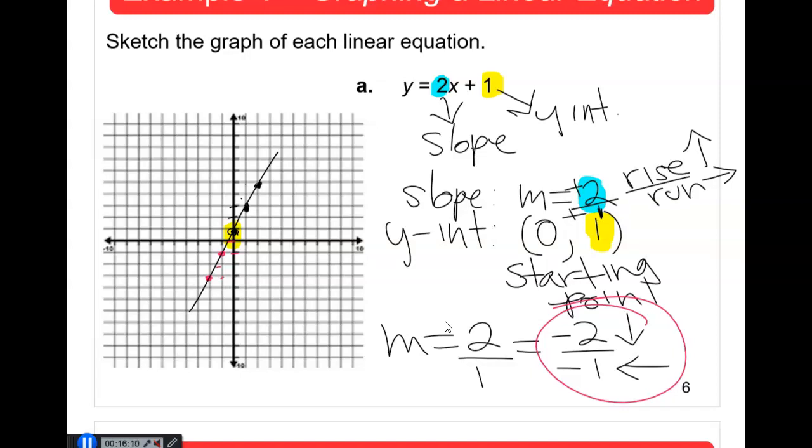It doesn't really matter if your slope is +2 over +1 or -2 over -1. The reason is that if you divide a negative by a negative, you get a positive. So that is a way to graph our linear equation.